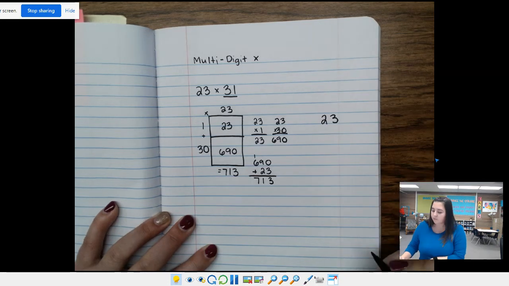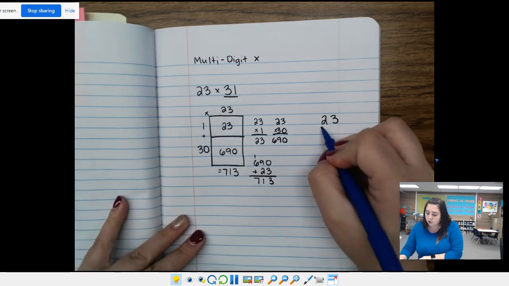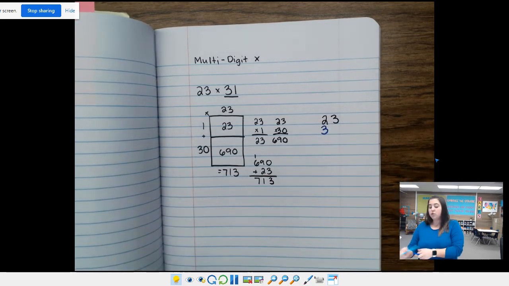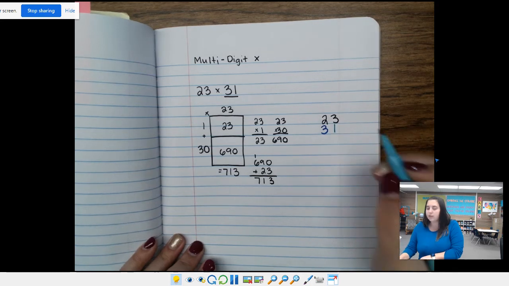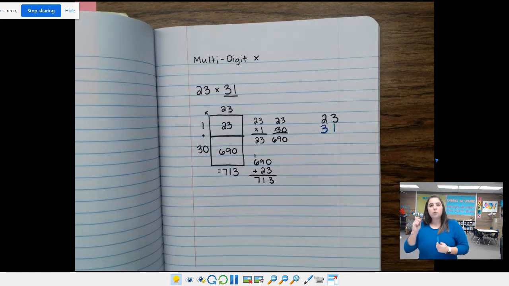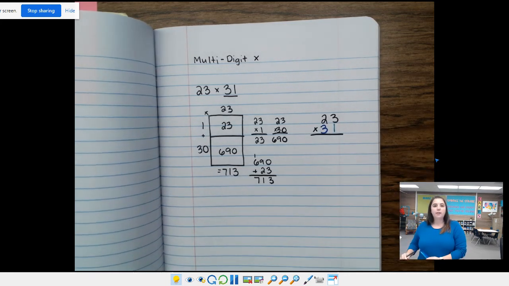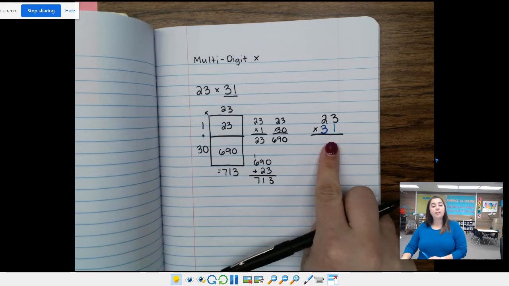Then for the bottom part, my 31, I'm going to write using two different colors. So I have two different blues, a dark blue and a light blue. And then I'm going to switch back to my pencil to draw my multiplication sign and the line. So pause so you can get this written down, and then let's solve together.